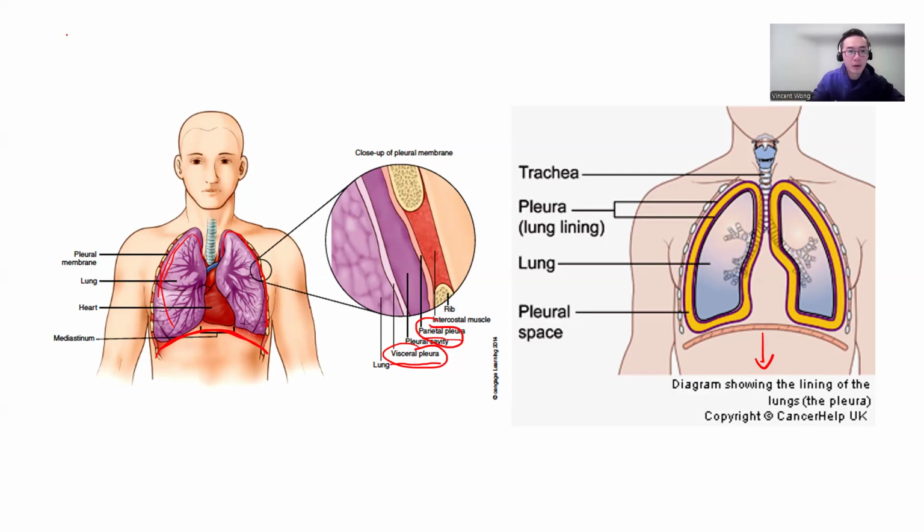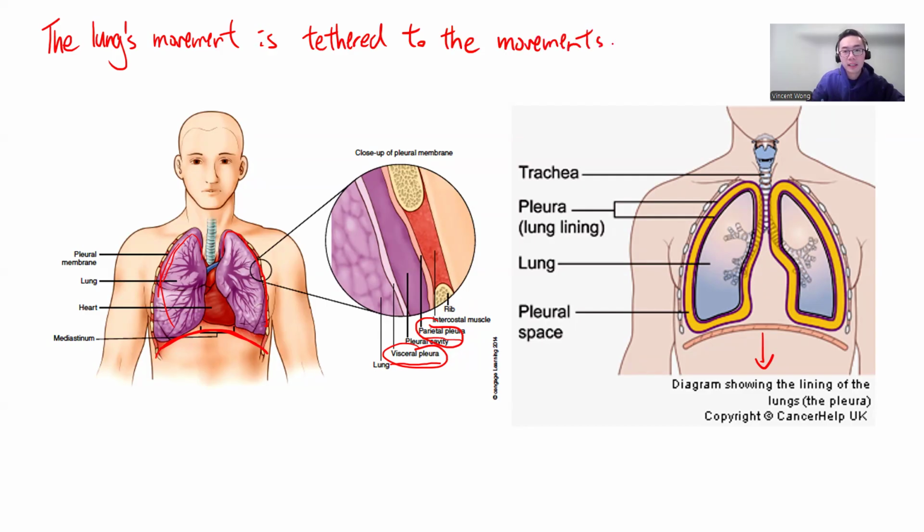Okay, so I'm going to write this out for you. The lung movement is tethered to the movement of the rib cage. Okay, the ribs are here, right? There are muscles that will pull the ribs out and in to change your chest cavity volume.